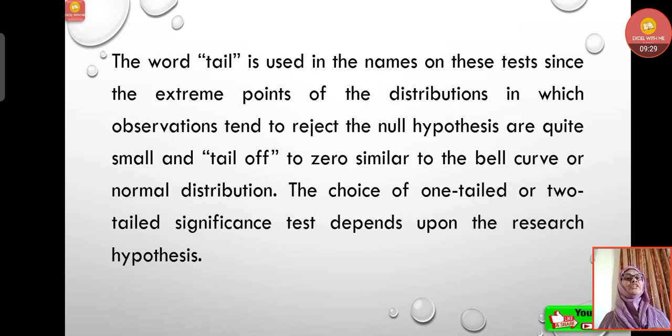The word tail is used in the names of these tests since the extreme points of the distributions in which observations tend to reject the null hypothesis are quite small and tail off to 0. Similar to the bell curve or normal distribution I have just shown, the choice of a one-tailed or two-tailed significance test depends upon the research hypothesis.